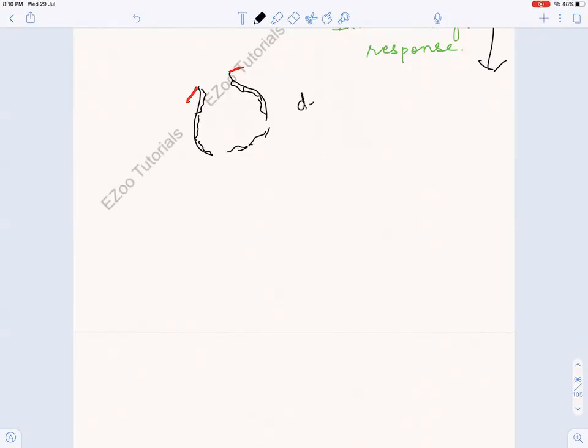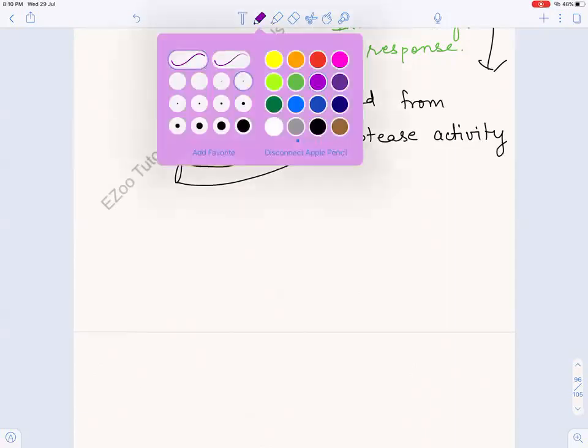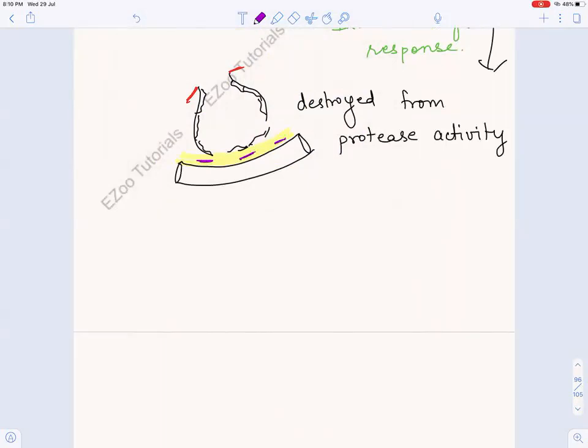Due to the increase of protease activity, it is destroyed. And you remember, this was the capillary and this was the basement surface. There will also be some collagen deposition in this basement, which will make it hardened.